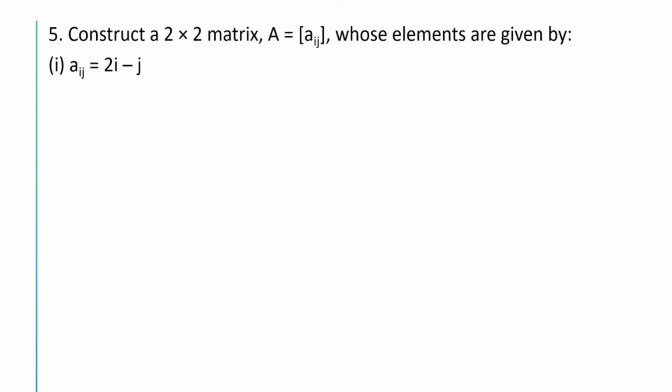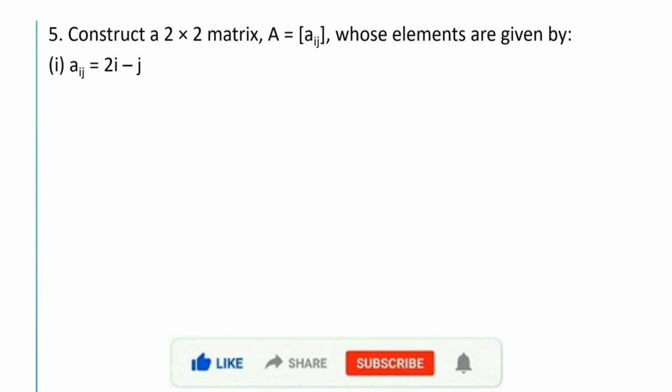Next question is, construct a 2 by 2 matrix A equal to Aij whose elements are given by Aij equal to 2i minus j. So we have to construct a 2 by 2 matrix A whose elements Aij is given by 2i minus j.